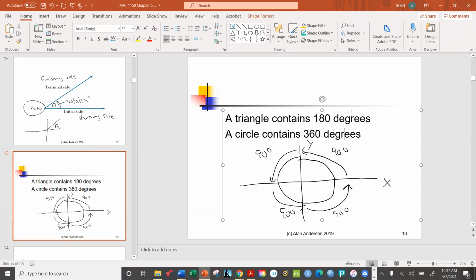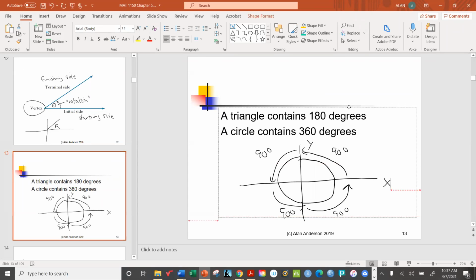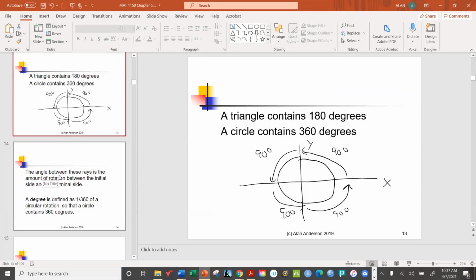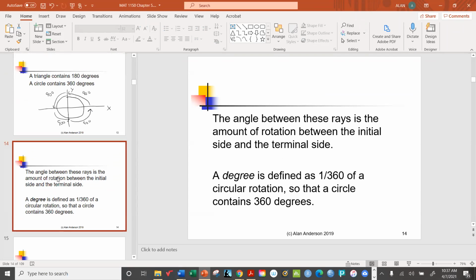So this is what we're stuck with. So a single degree could be thought of as 1/360th of a full rotation around a circle. Everybody kind of intuitively knows what a degree is. It's a very small amount because the full circle is 360.